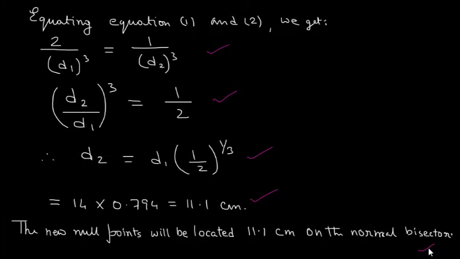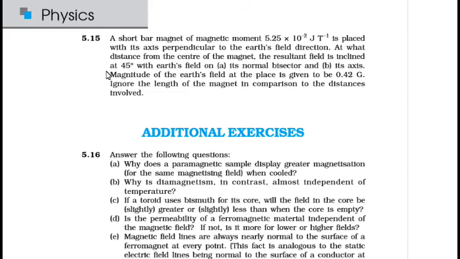Let us see the next question. Let us see question number 5.15. A short bar magnet of magnetic moment 5.25 multiplied by 10 to the power minus 2 J per Tesla is placed with its axis perpendicular to the Earth's field direction.